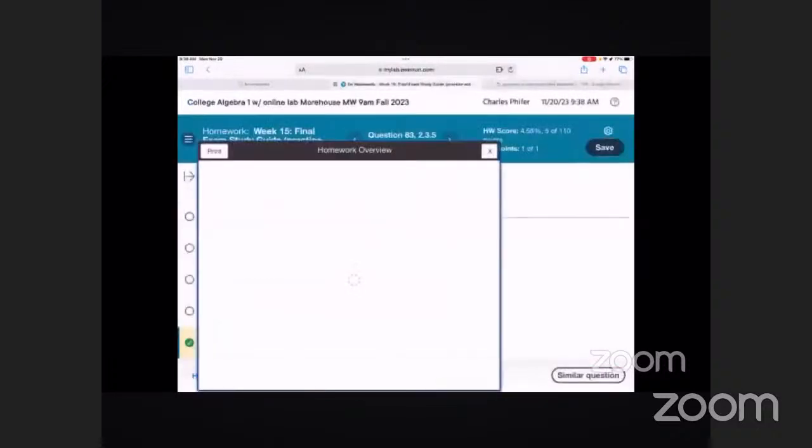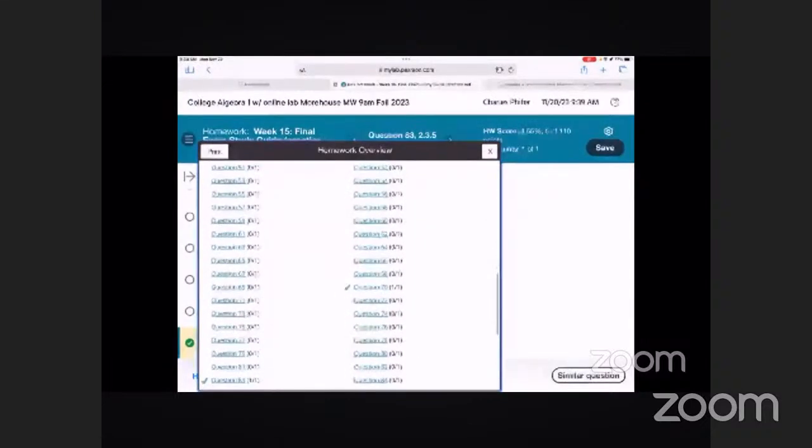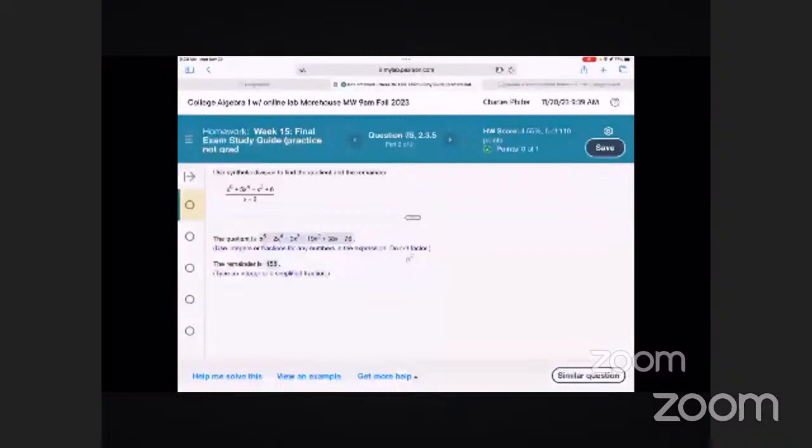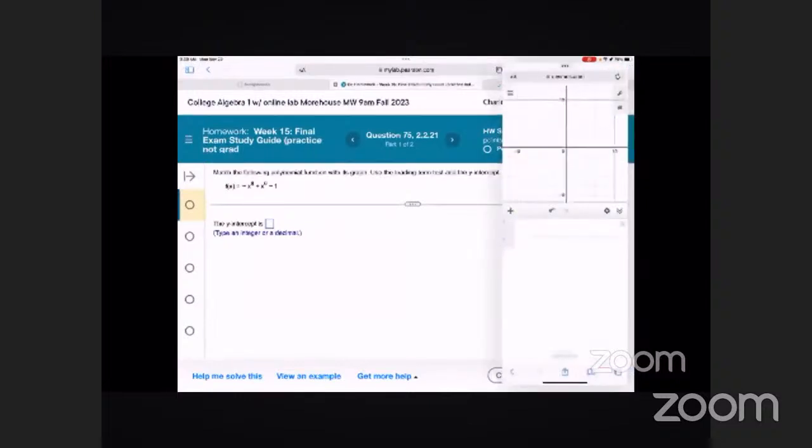Match the following polynomial function with its graph. The y-intercept. Okay, so we got something for that. Let's get rid of this. Let's close this out. So notice that was a circle, by the way. So then negative x to the power of 8 plus x to the power of 6 minus 1 equals y.